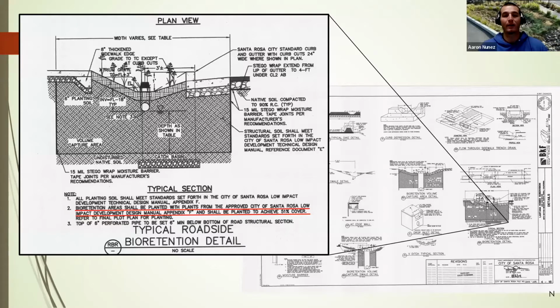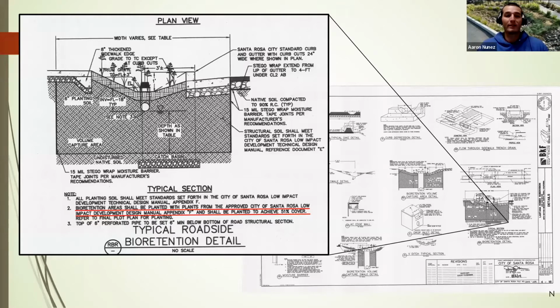Yeah, and I will say, as we were talking about the LID manual and how that is more of a guiding force for those details, and really what Brandon was saying is that it's really to the intent, as long as the intent is the same.